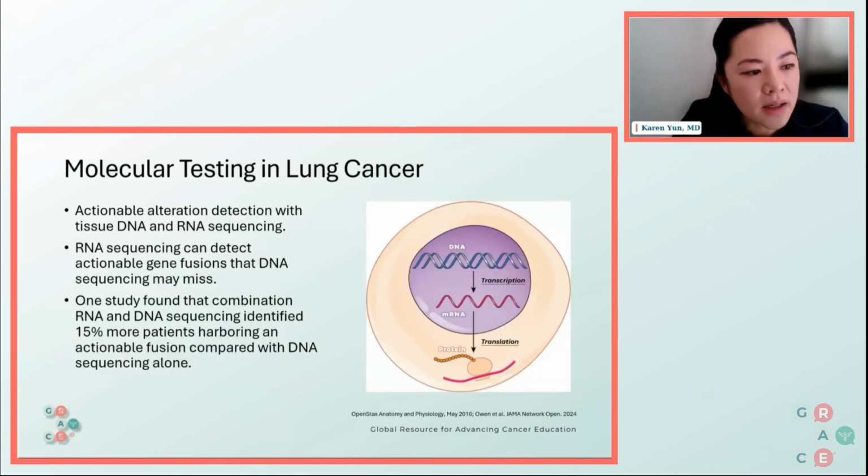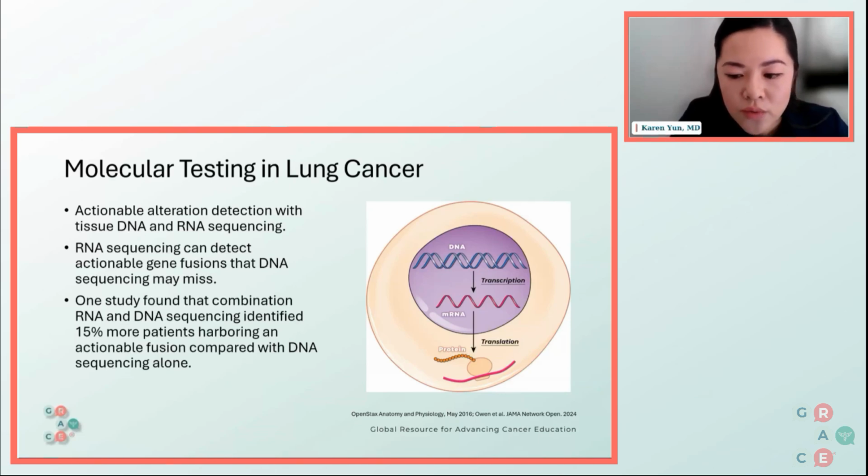And as Dr. Marks had mentioned, as far as molecular testing in lung cancer goes, there's DNA and RNA sequencing. And for a lot of medical oncologists, we're now doing combination RNA and DNA sequencing because RNA sequencing can identify some gene fusions that DNA sequencing may miss.